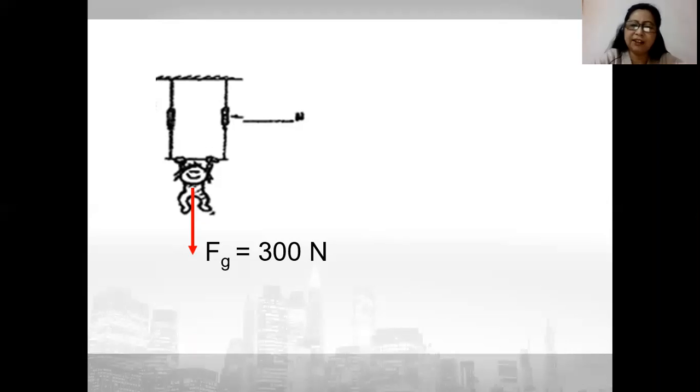So if the weight is 300 Newton, what could be the value of the tension force in the two ropes? So these two ropes should equally distribute the weight of little Nelly Newton. So each will exert a tension force of 150 Newton. So 150 Newton for tension 1 and 150 Newton for tension 2.